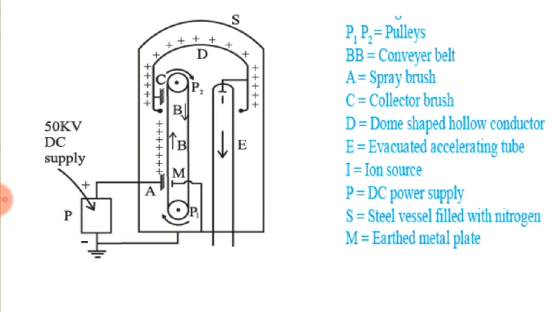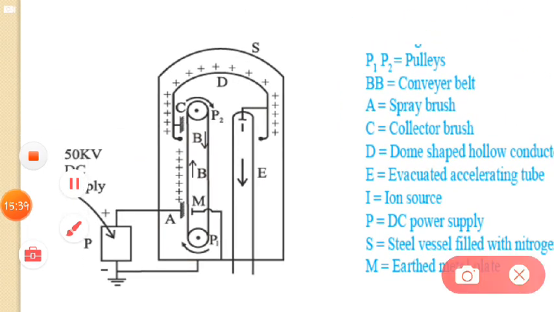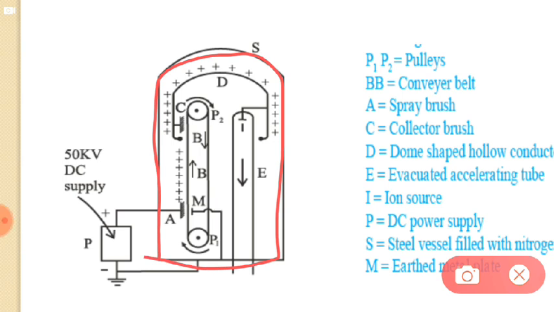To prevent that, this whole arrangement, that means the dome, the pulley and the belt arrangement, is enclosed inside a large steel vessel, which is S. Why is it enclosed inside this large steel vessel?